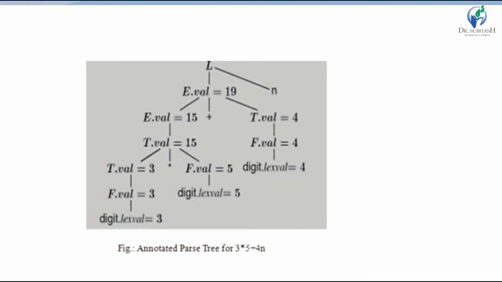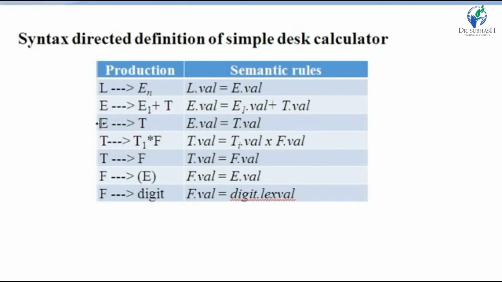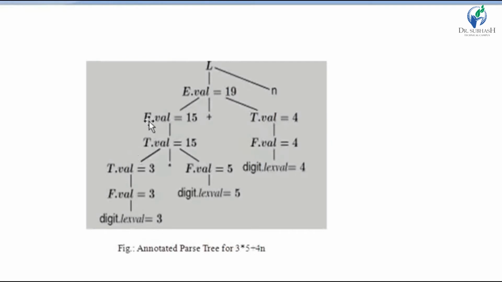T is derived from E. E gives T, so T.value is stored in E.value. So here I can write E.value is equal to 15, because I can reach up to 3 into 5 plus 4 n. Next is the plus sign.